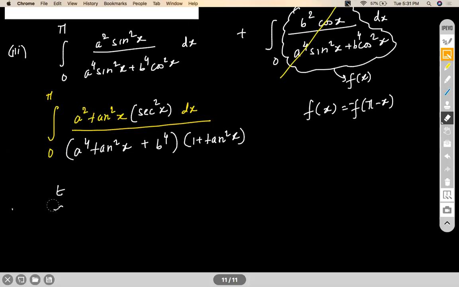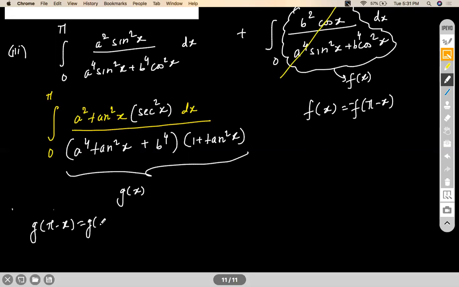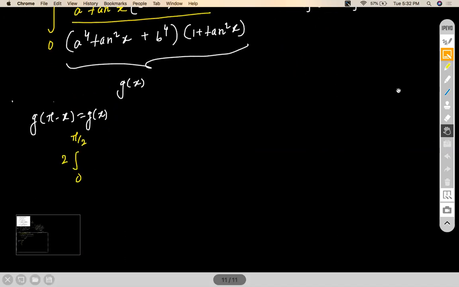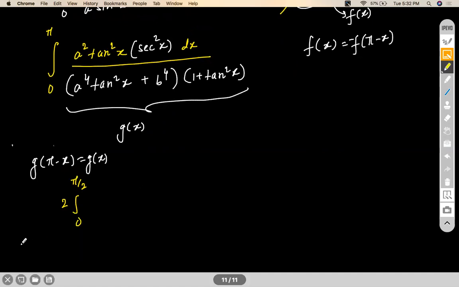So what I'll do is, before I move on, I realize that this is a function which is not going to be influenced even if I change x with pi minus x. So let's say if I call this whole thing g of x, then g of pi minus x is g of x, isn't it? Nothing will happen to the function. So first half the limit of this to 0 to pi by 2, and then put the substitution tan x is equal to t.